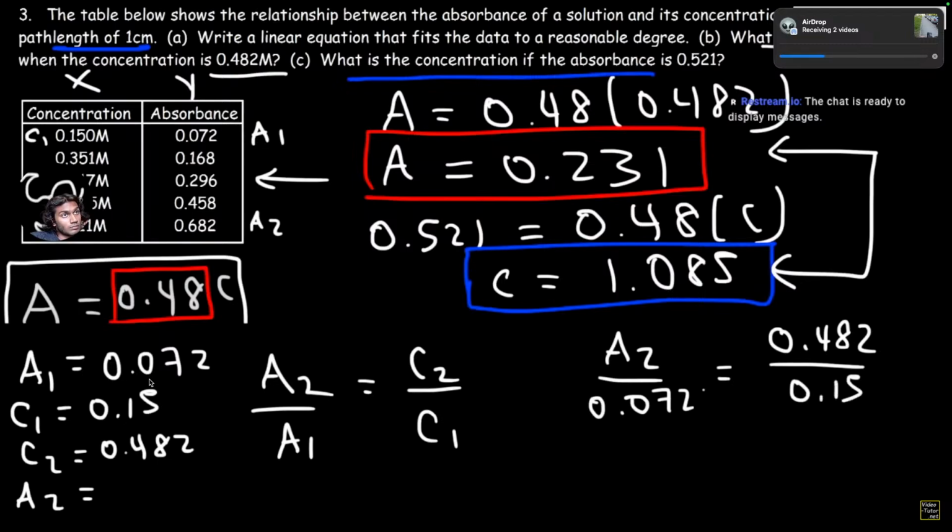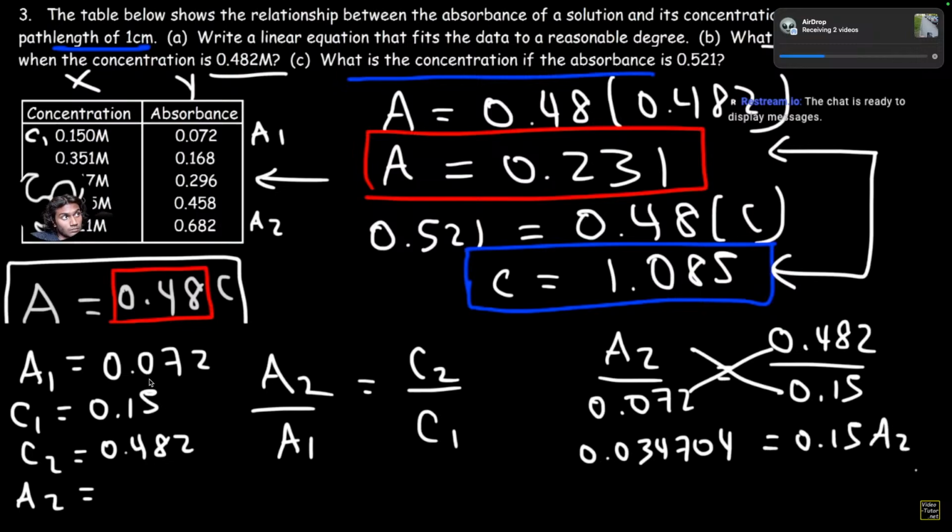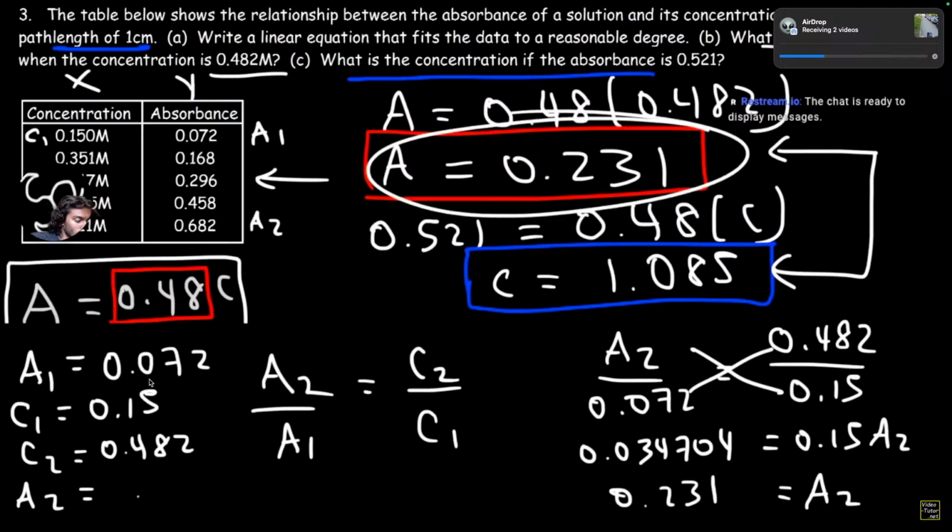So what we need to do is cross multiply. 0.072 times 0.482, that's 0.034704. And that's equal to 0.15 times A2. So now we need to divide both sides by 0.15. So A2 is going to be 0.034704 divided by 0.15. And that's going to be 0.231. So we get the same answer.